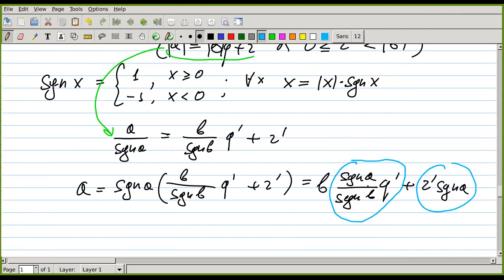What if we take this one for Q and this one for R? Is it possible?